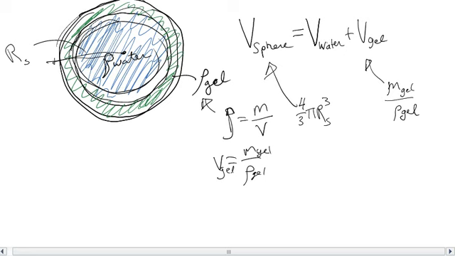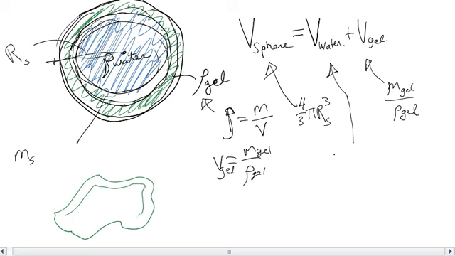And then the only other part is we need to figure out what the volume of the water is. And so how do we figure that out? Well, what we did was we took the mass also of the original sphere, so we had mass of the sphere, and then we also deflated the entire thing, and we measured the mass of the deflated, just the gel.